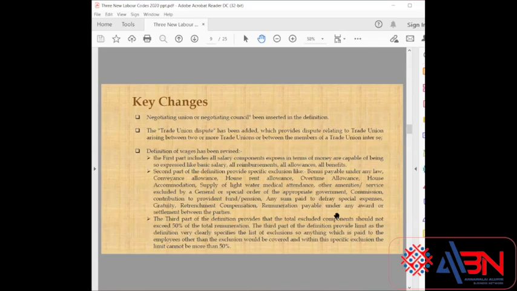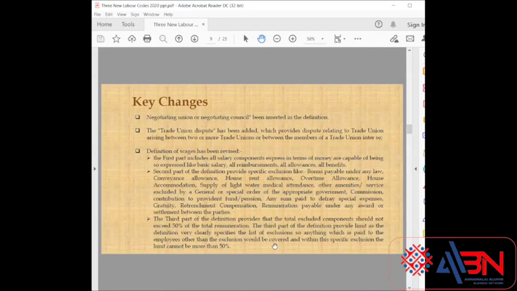So 50% you have to ensure is the basic pay. So the wage is divided into three parts. First part is the salary, like basic salary, reimbursement allowance, etc. Second part is the bonus, conveyance allowance, house rent allowance, overtime allowance, etc. And the third part is that excluded component should not exceed 50% of the total remuneration, as I already said.